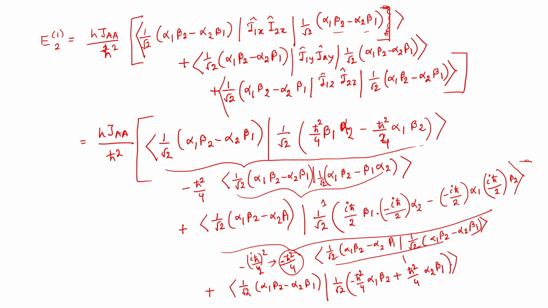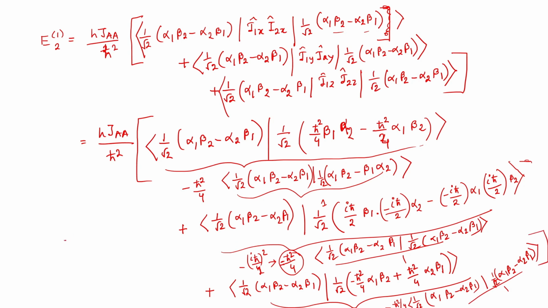So here what you are actually getting is 1 by root 2 alpha 1 beta 2 minus alpha 2 beta 1 common. Here also you are taking minus ħ square by 4 common. Then you are going to get 1 by root 2 alpha 1 beta 2 minus alpha 2 beta 1. Then it is 1, and you are also getting minus ħ square by 4.